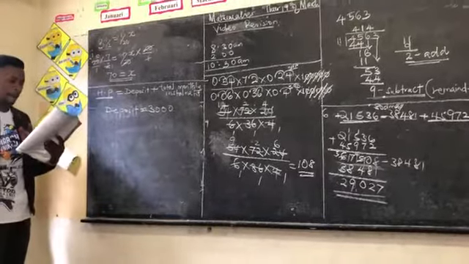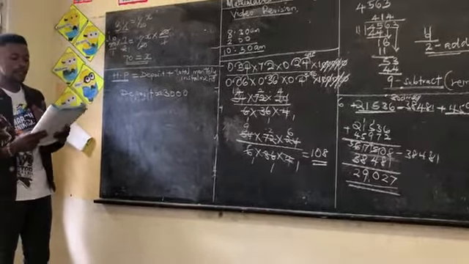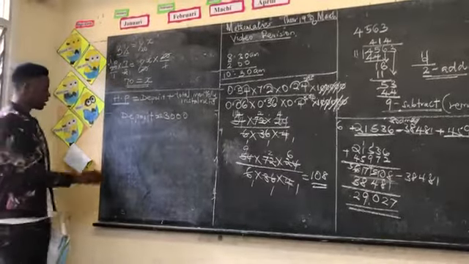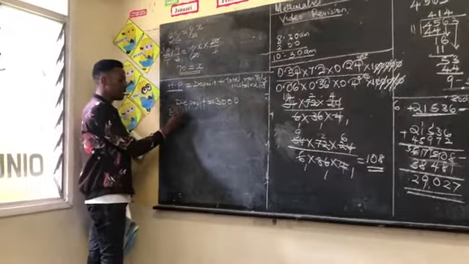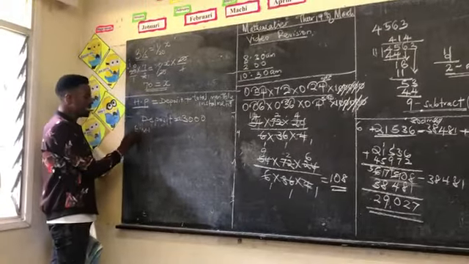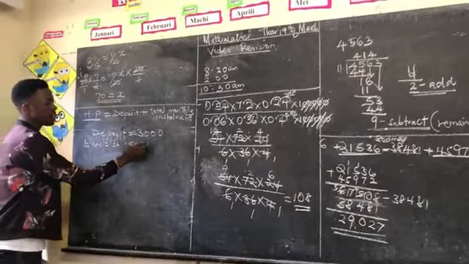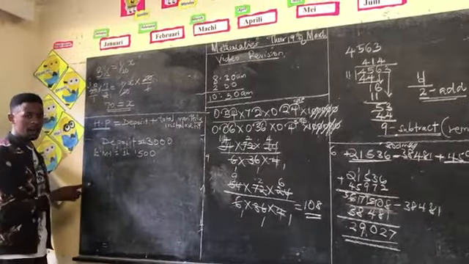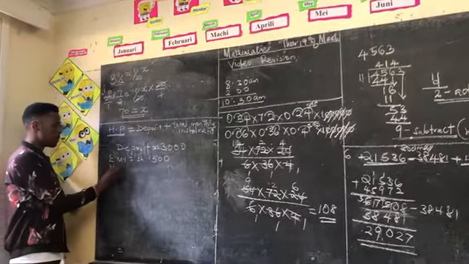And then you're told 6 monthly installments of 1,500 each. So each monthly installment was 1,500. And for how many months did he pay this amount? For 6 months.